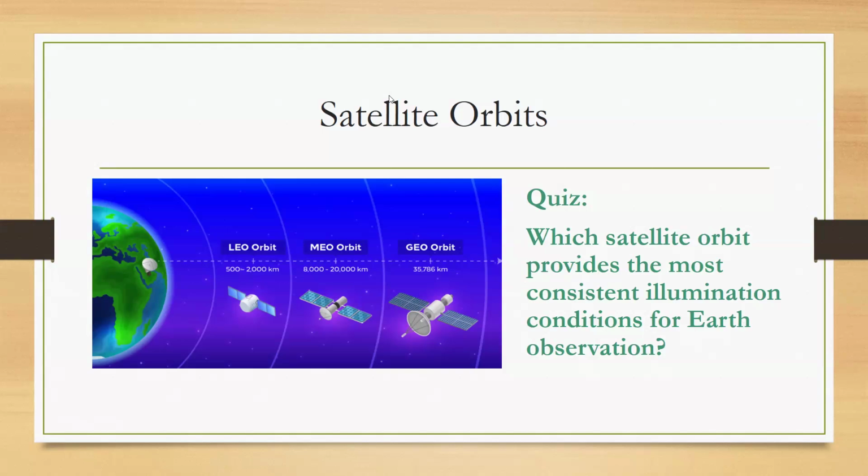Okay. Yes, I have two answers. I'm expecting more than 10 answers. Okay, then the LEO, the mid-Earth orbits. Okay. Those are the ones I said, when they are passing, they illuminate the same Earth location under the same lighting condition.